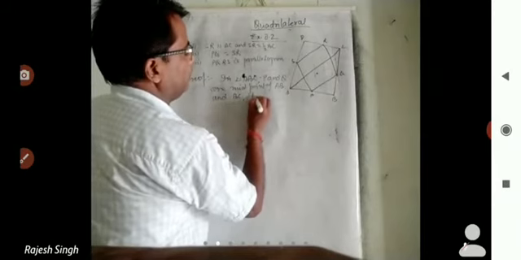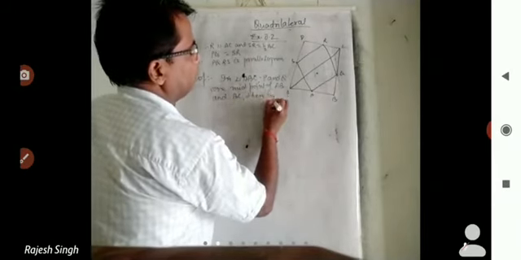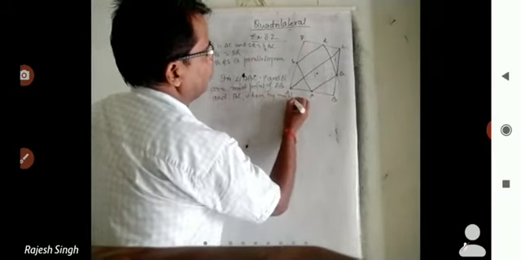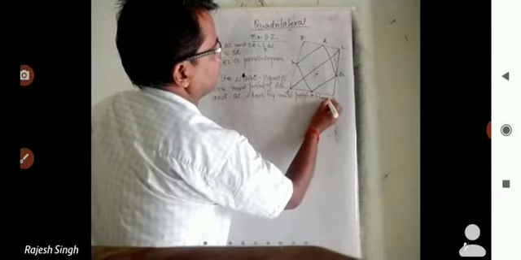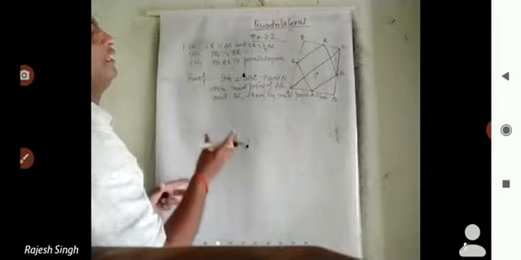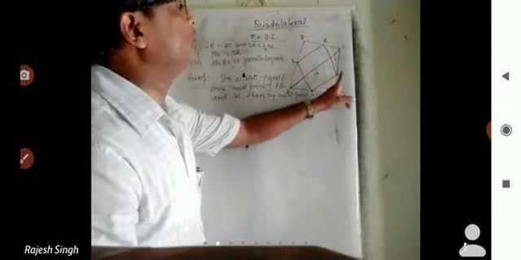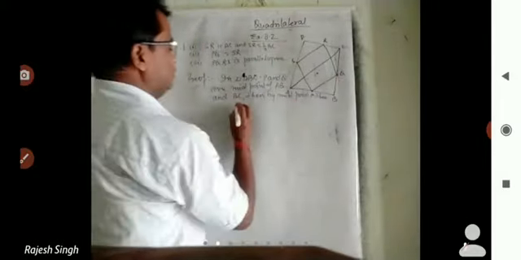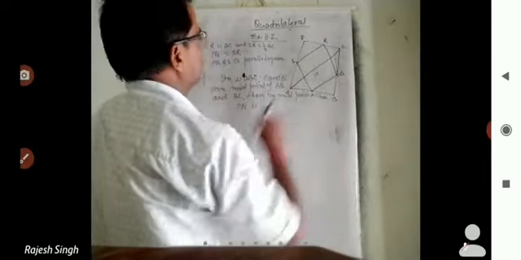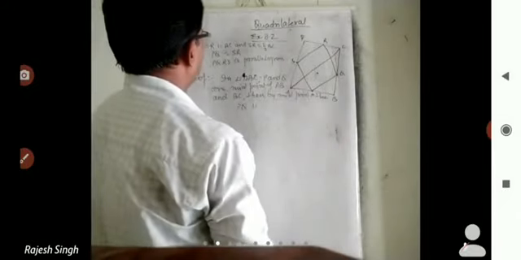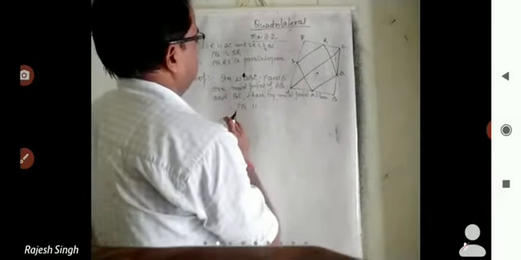Then by the midpoint theorem, here what we can write, PQ is parallel to AC. Is that clear?